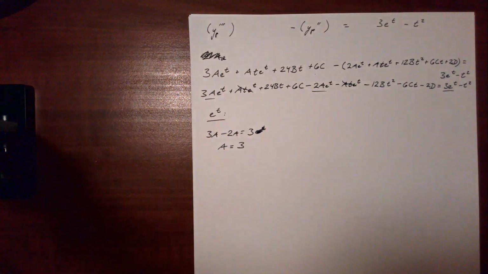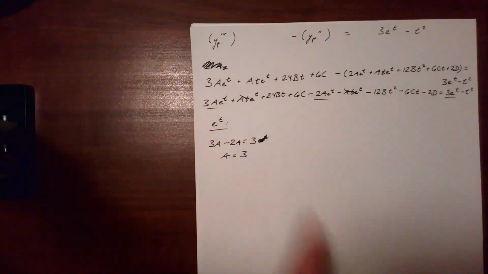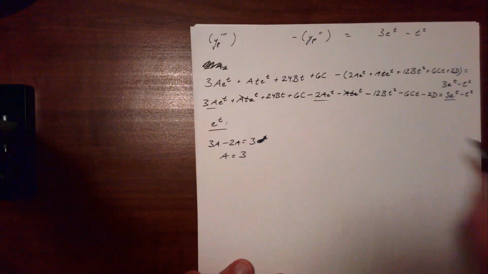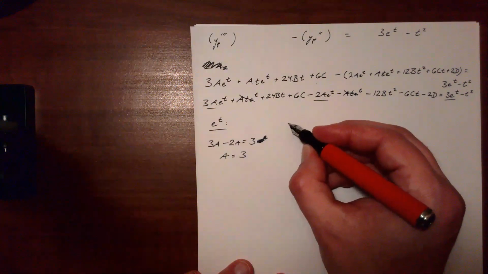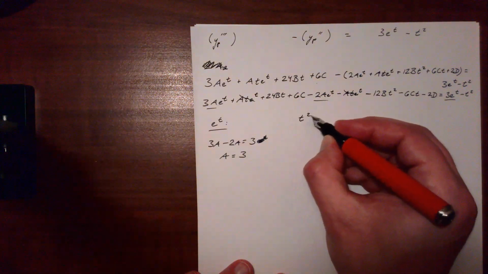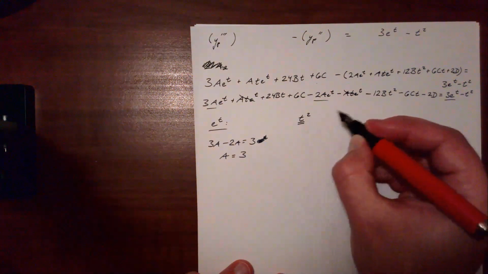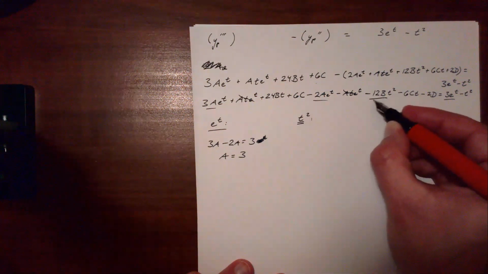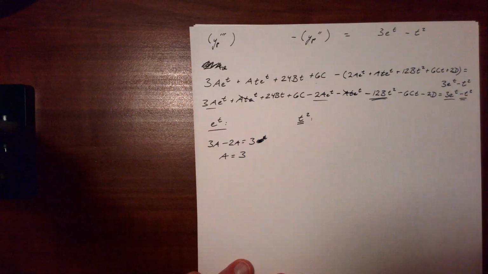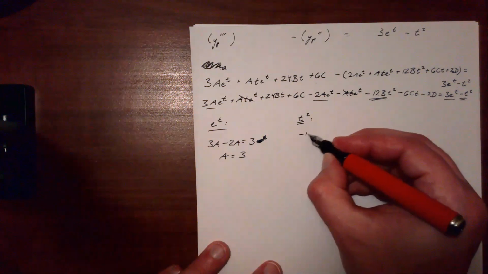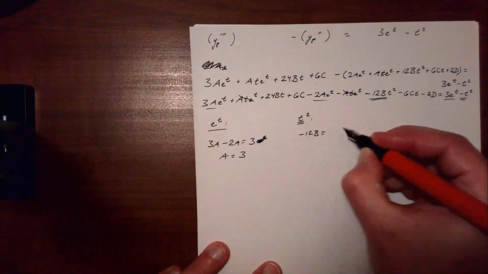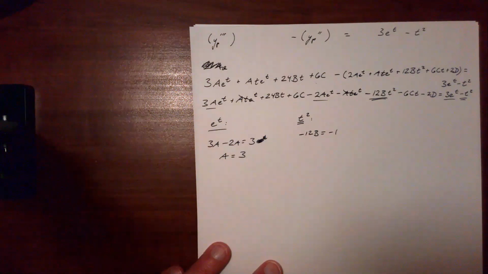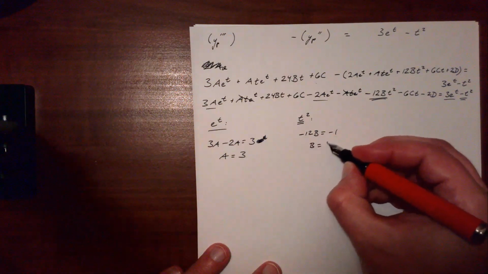I was already just collecting coefficients here, so I didn't need that extra e to the t. Okay, what else do we have here? Let's take the t squared terms. So that's going to be one right there and one right there. So it's going to be negative 12b is equal to negative 1, meaning b is going to equal 1/12.